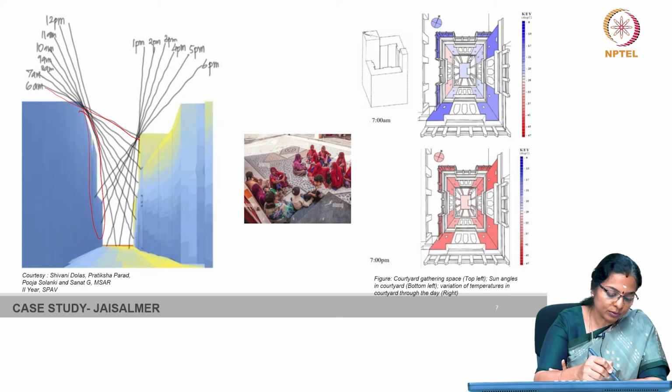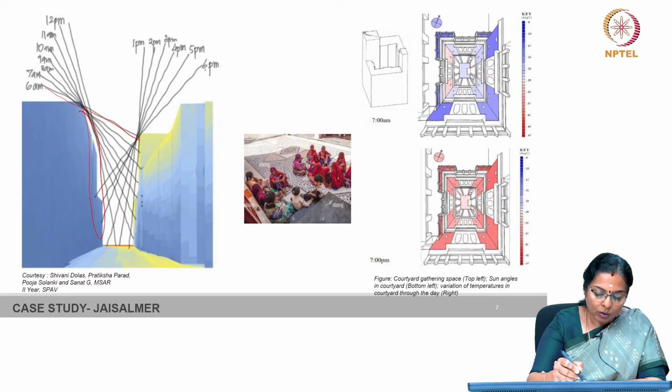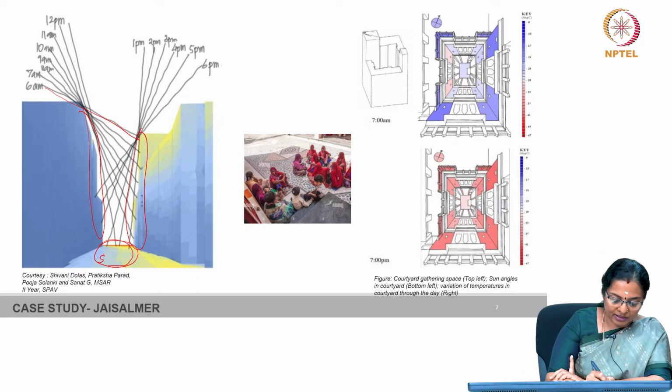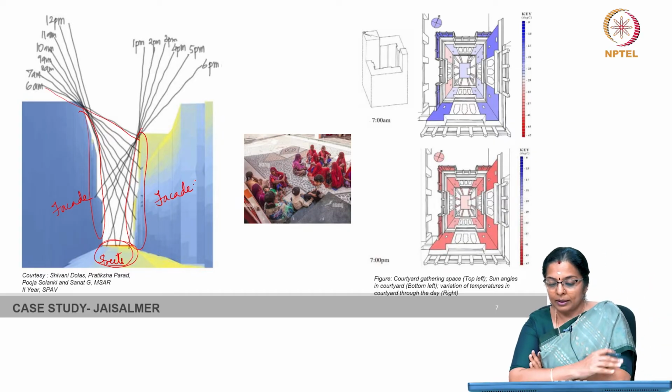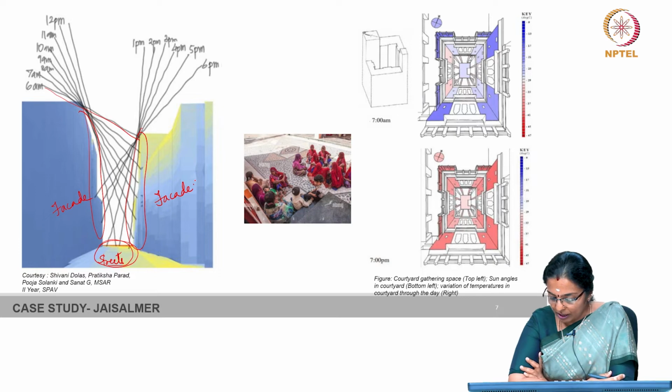From 6 to 12 almost this entire wall remains shaded, while in the evenings this entire wall remains shaded, and almost through the day the streets remain shaded. So these are the streets, and this is the facade on either side, and this is the cross section.